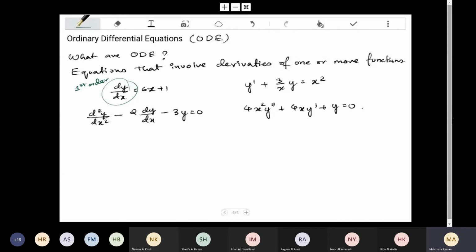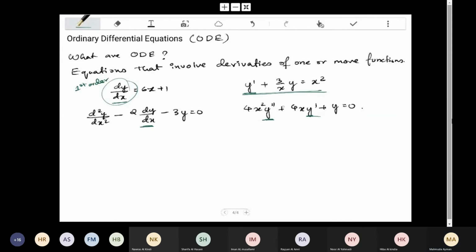Okay, so as you can see, every equation has a derivative, right? So this one here is a derivative, this one here is a derivative, here we have derivatives, and here we have more derivatives. So these are differential equations. Now we can find out the order of these equations. So this one here is of order 1 because it's d to the power 1 of y, and the order of this equation here would be the highest order.